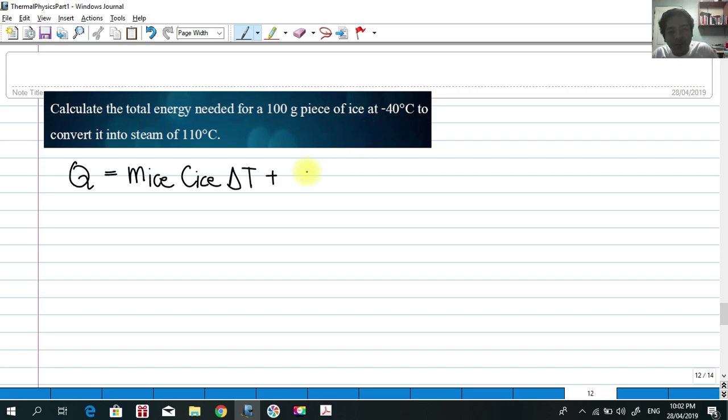So we have to include mLf. The mass of ice or water is still the same, 100 grams, multiplied by the latent heat of what?